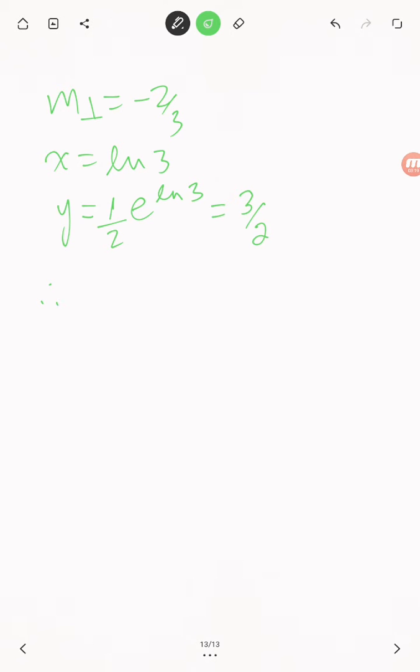So therefore my tangent point is ln 3, 3/2. Now to get the equation of this line, my perpendicular slope is -2/3.